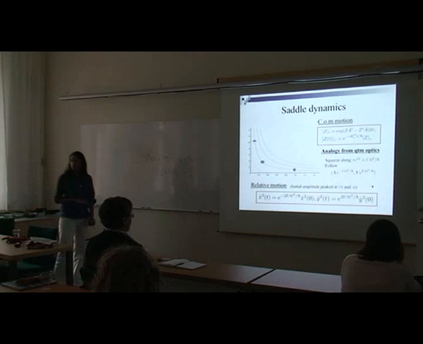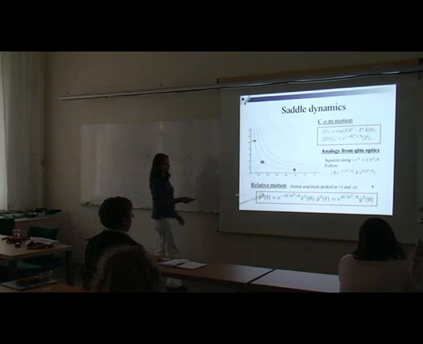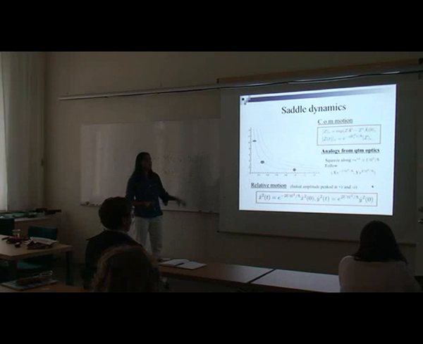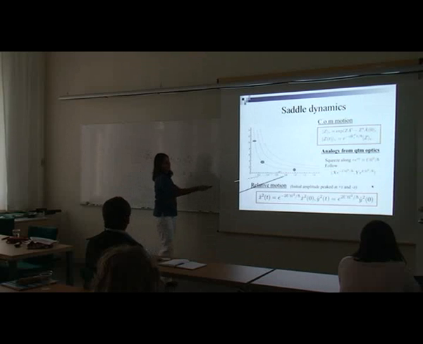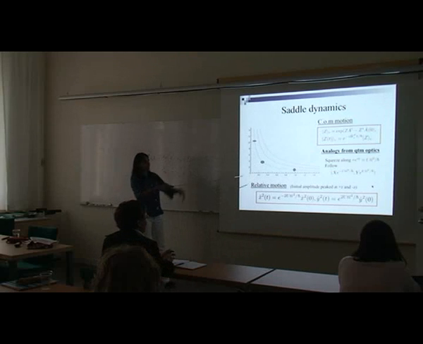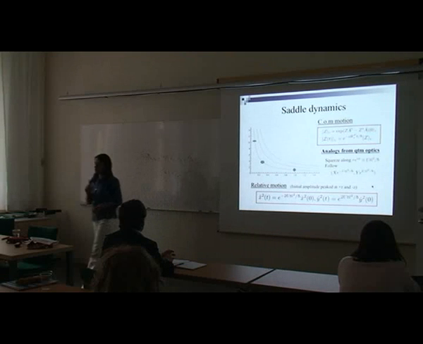And the relative motion also follows one of these equipotentials. It's much harder to analyze than the center of mass motion because of all this complicated algebra that I told you about. But what remains true is that as a function of time, the relative motion is also very similar to the center of mass motion.